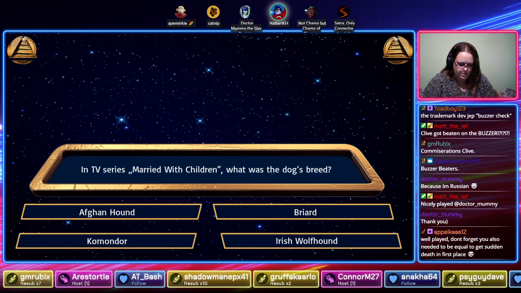Yeah, something about the Irish Wolfhound is kind of dragging me there. I'm not sure. So we think we should go with that one? Yeah, I have no idea, but I'm going to go for the guess of it. We'd like to lock in Irish Wolfhound, please. Irish Wolfhound. Okay, that is incorrect. I had no idea anyway.